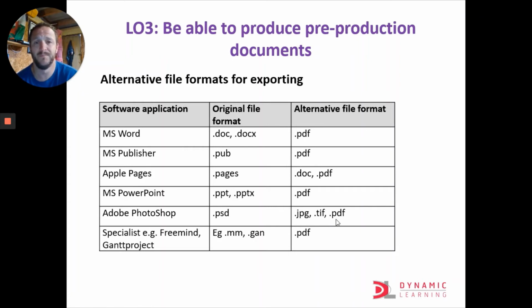Specialist programs like Gantt project and FreeMind, which are mind map based programs, save files as their own types, but you can export them as PDFs. If we look at another image creation program, GIMP, we'll save it as a GIMP file.